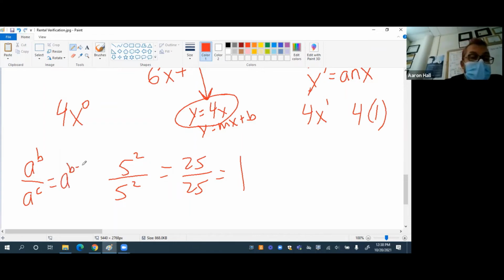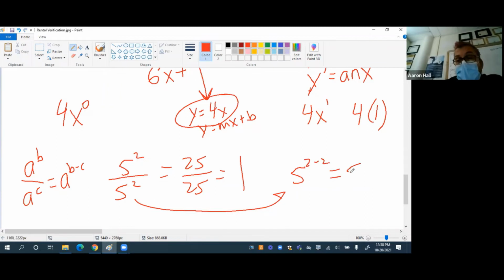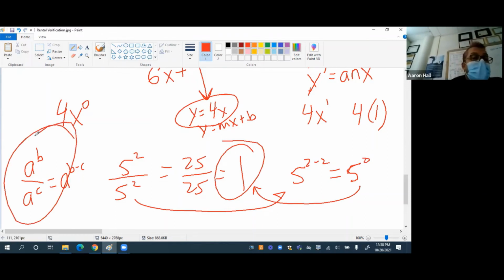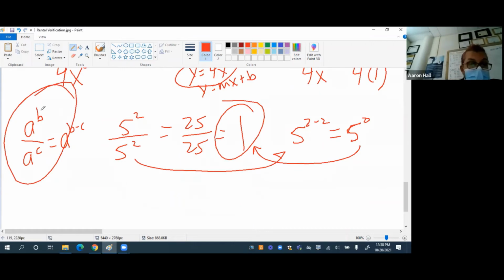Yeah, a to the power of b minus c. Let's do that here. So that gives me 5 to the power of 2 minus 2, which is 5 to the power of 0. So 5 to the power of 0 has to be 1. Otherwise, there's something wrong with my laws. Let's check this one. Let's see if this actually works.